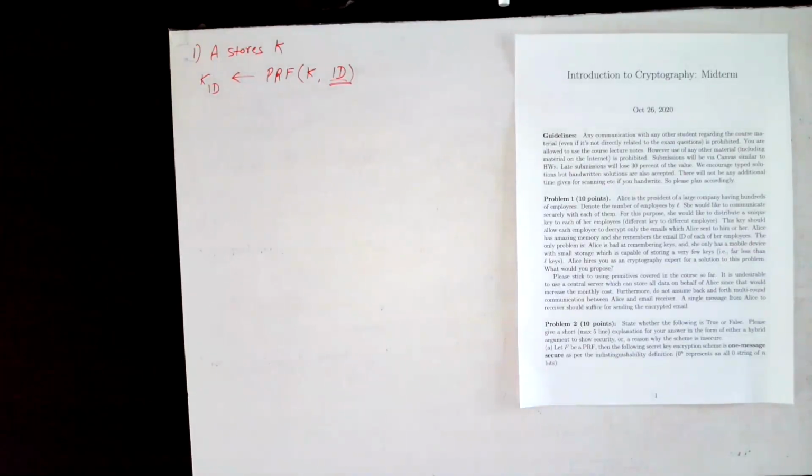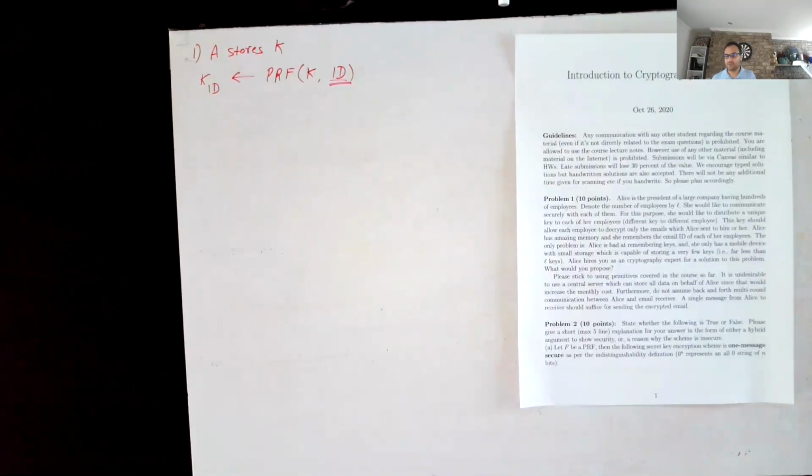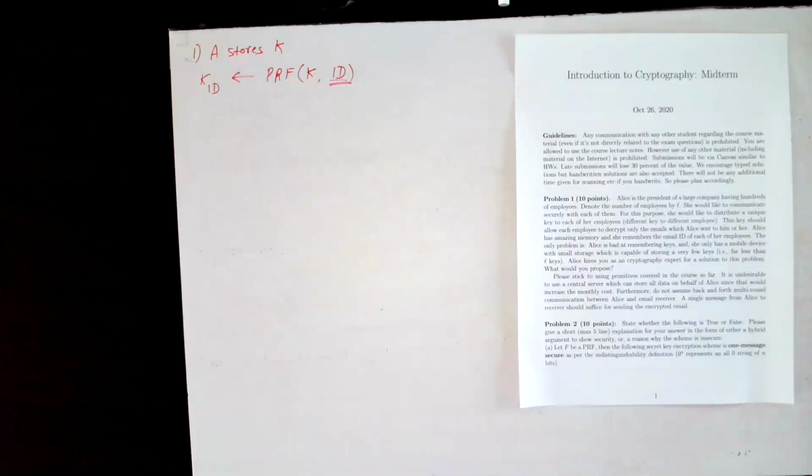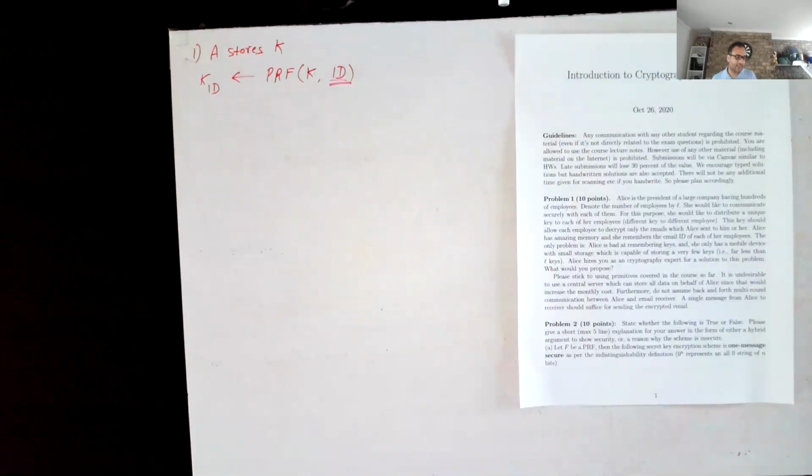But sir, if you have a PRF, then you'll need a PRF whose second input is as large as the longest email ID, right? Yeah, so you will have to use that. That's correct. I thought that might or might not be possible, because the email IDs are strings. In the class, we saw PRFs where the second input can be an arbitrarily large string.